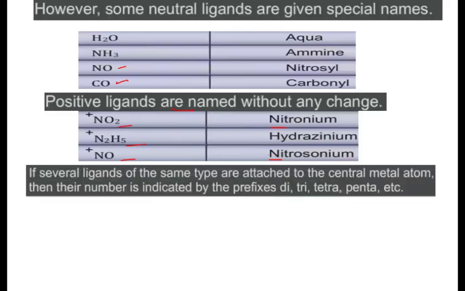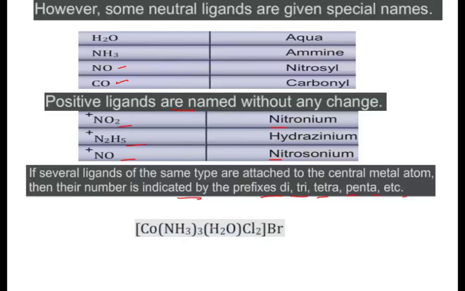Now if several ligands of the same type are attached to the central metal atom, as we have discussed, their number is indicated by the prefixes di, tri, tetra, penta, etc., as we have already used. For example, now you can practice the name of this species. What will be the name?